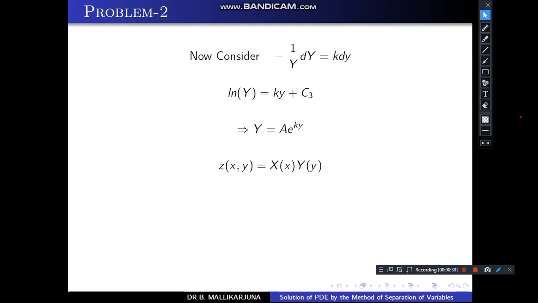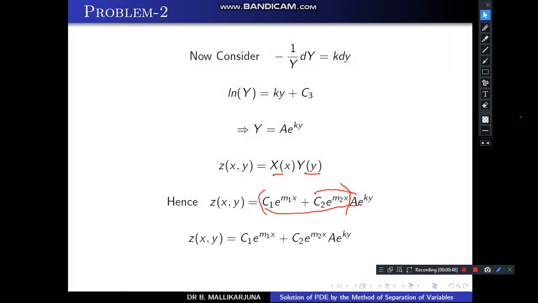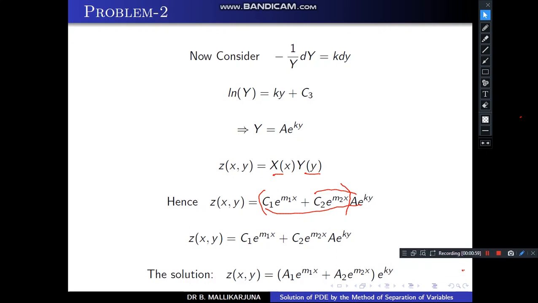Observe here, the solution z is equal to X of x into Y of y. Now replacing this capital X and capital Y. Now observe here, a into c1 and a into c2 are nothing but again other constants. a into c1 is nothing but a1 and a into c2 is nothing but a2.